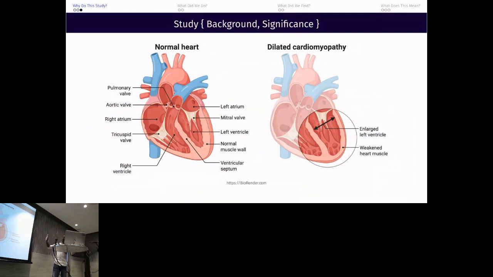So what I'm going to show you is these two pretty images of the heart. On the left side, that is a normal heart. And on the right here, this is a heart with dilated cardiomyopathy. What you will notice is that the left ventricle of the heart is enlarged, and the wall on the side is sort of thin. So there's a thinning of the heart muscle on the outside.